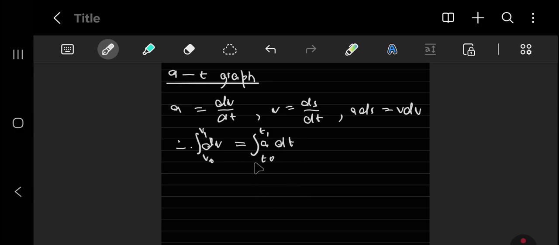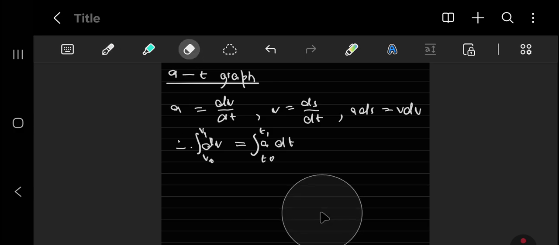And then I can do this for small time intervals and add them all up. Then those series of functions gives me my velocity time graph for the whole function, right? So let's do that.